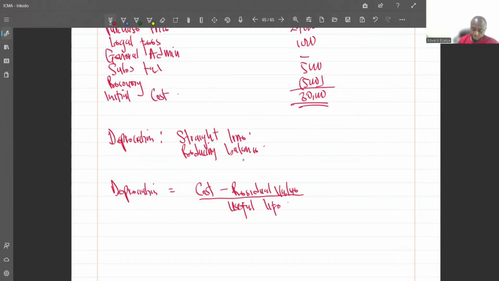So if you look at this one, it's a straight line method. So our depreciation will be equal to the cost, which is 30,000, minus the residual value, which is 0. The question didn't give us a residual value, but it gave us a useful life of 50 years. So that will be 30,000 divided by 50, giving us 600.